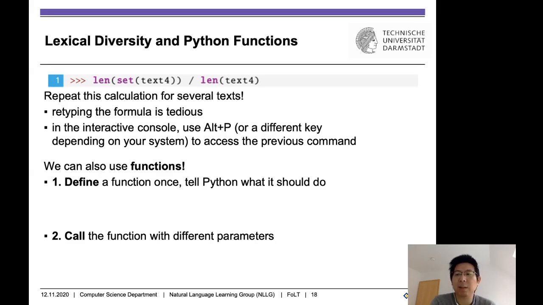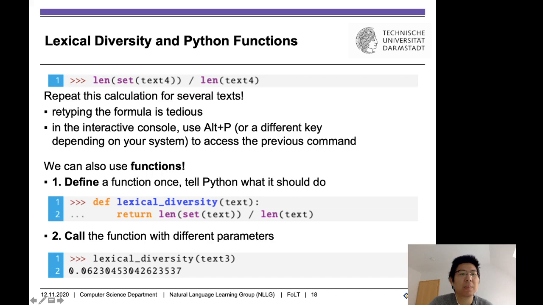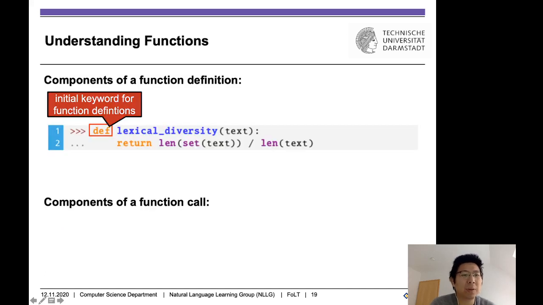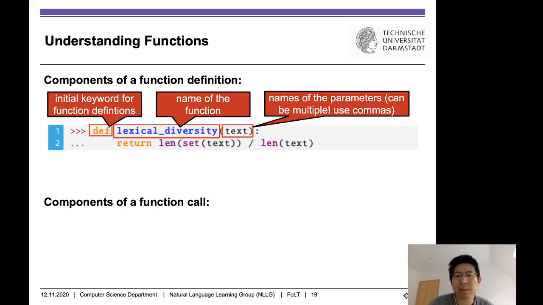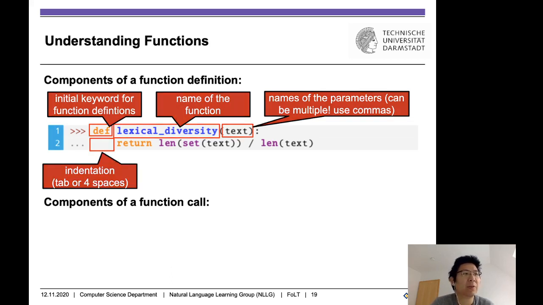To avoid code repetition, you can just define some functions, something like this. More concretely, you have to use def as a keyword in the first place for the function definition, followed by the name of the function and the names of parameters. And you have to make 4 spaces before writing any specific code here.